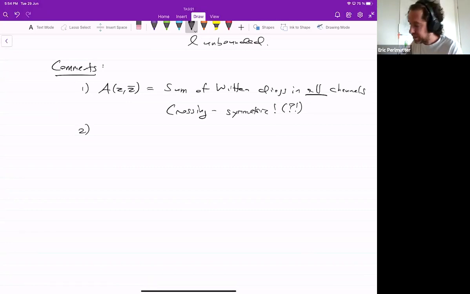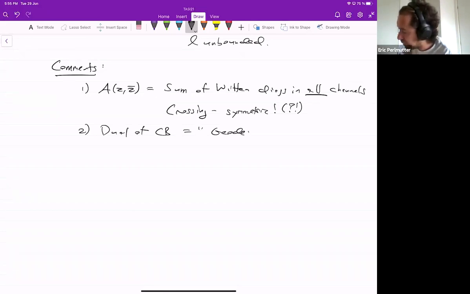We talked about the mnemonic of cutting. You might ask, what is the dual of a conformal block? This is something that I answered in some work from 2015. It's what's known as a geodesic Witten diagram. This was a paper with Elliot Hijano, Per Kraus, and Rivers Snively.